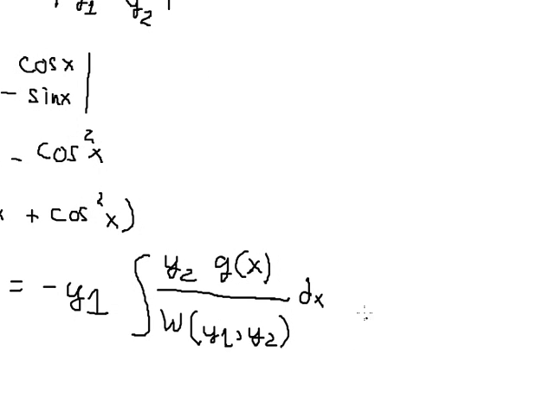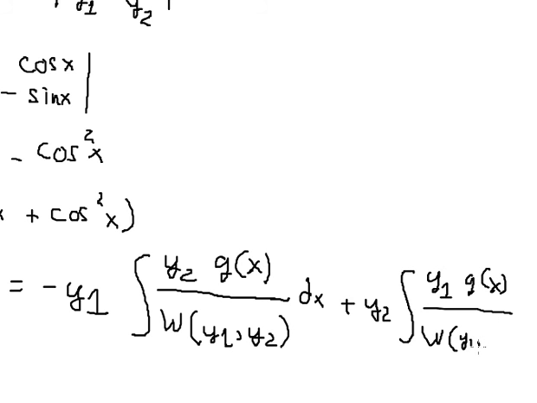Next, we put a positive sign, and we have y2 times the integration of y1 times gs over the Wronskian of y1, y2, ds.